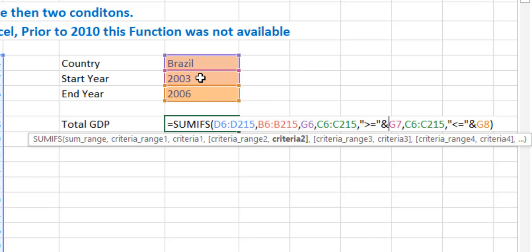Now this is G7, and we are concatenating this value in this cell with the greater than or equal to operator. Then we take another range, C6 colon C215, comma, less than or equal to G8, and this is G8.